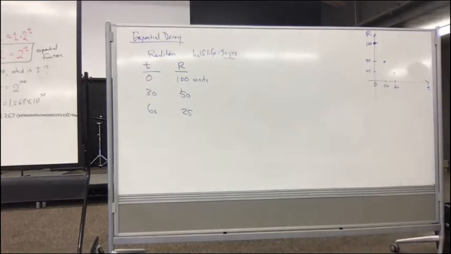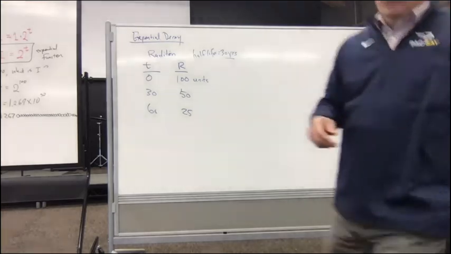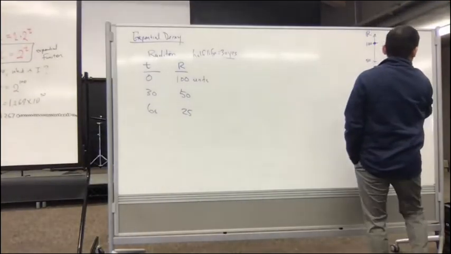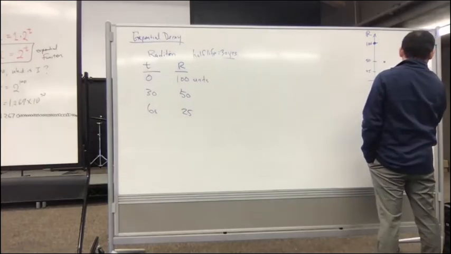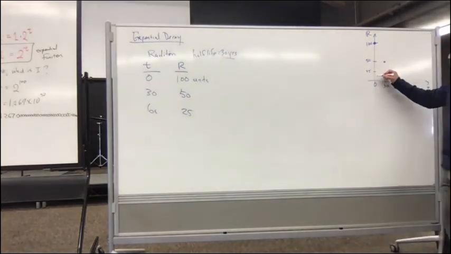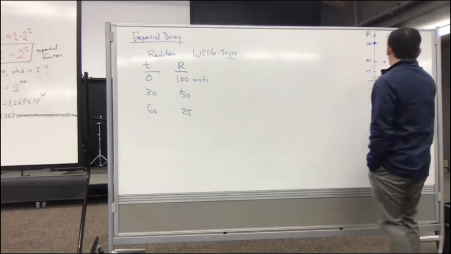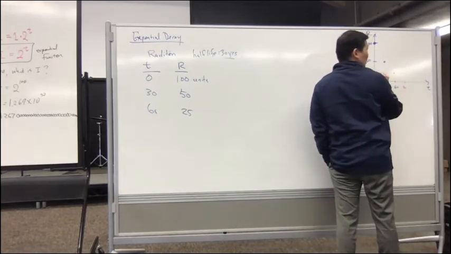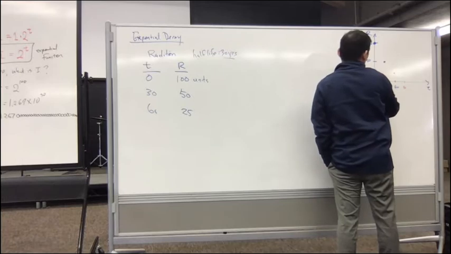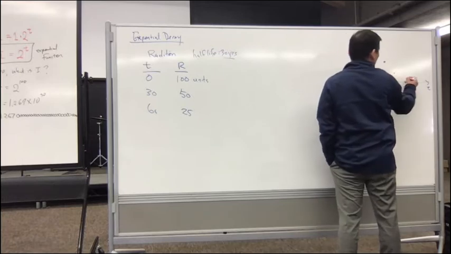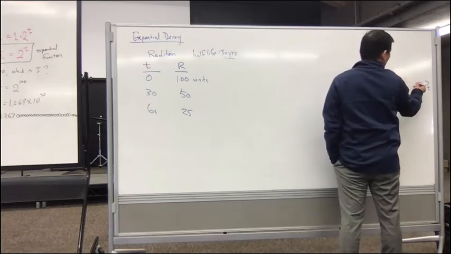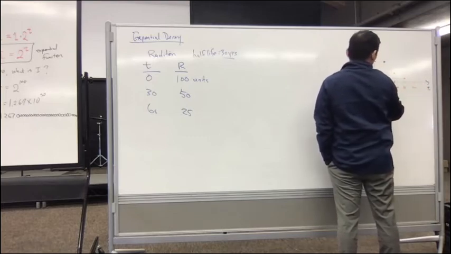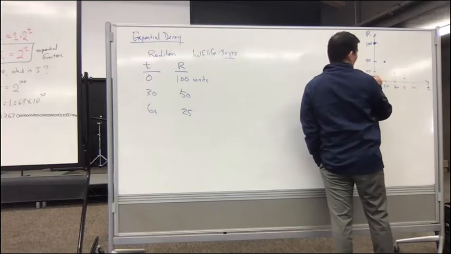And then we can basically extrapolate and say, okay, then that means 90 years later is half of 25, which is, what is it? 12.5? I think so. So it's like right here, right? And then 120 years later, it's half of 12.5, so 6.25.